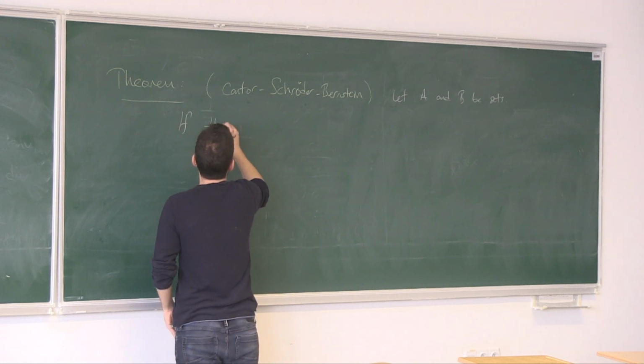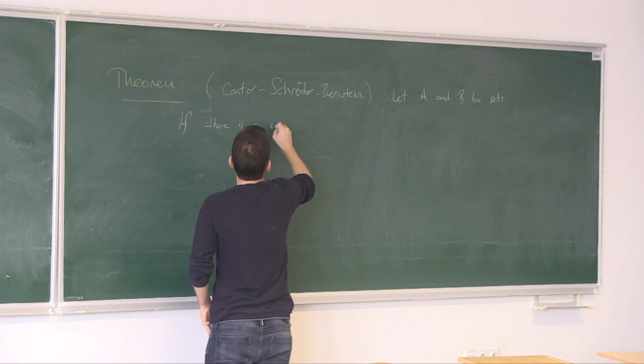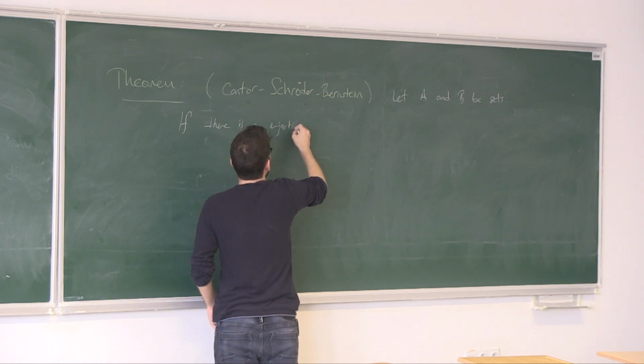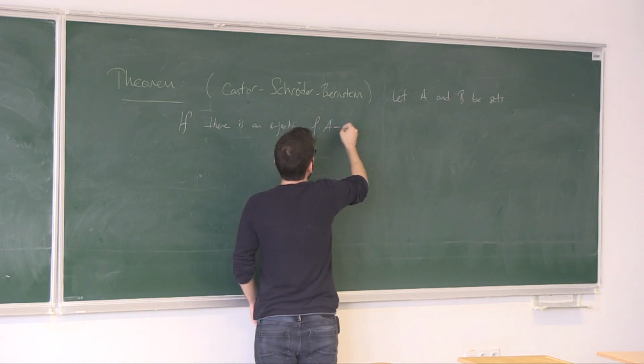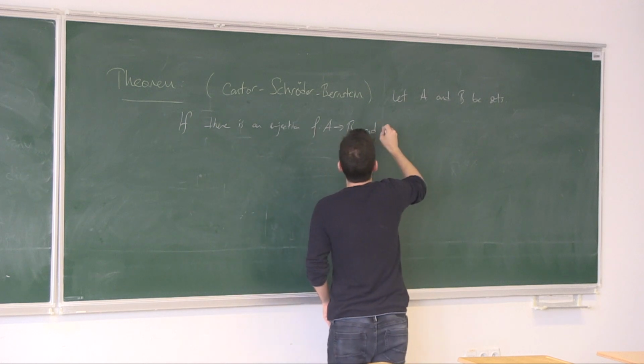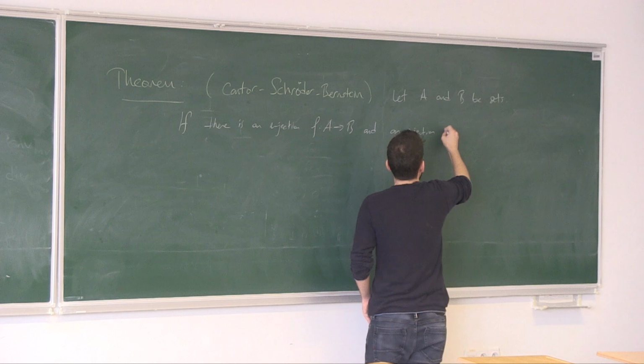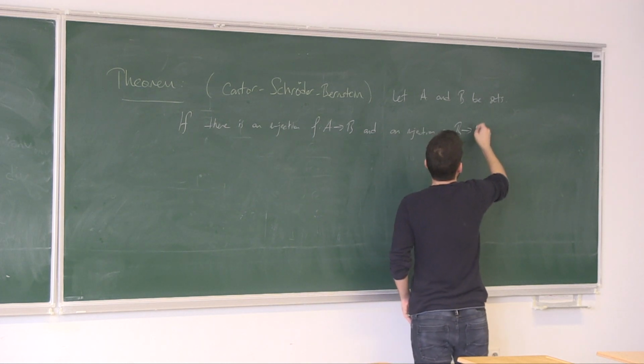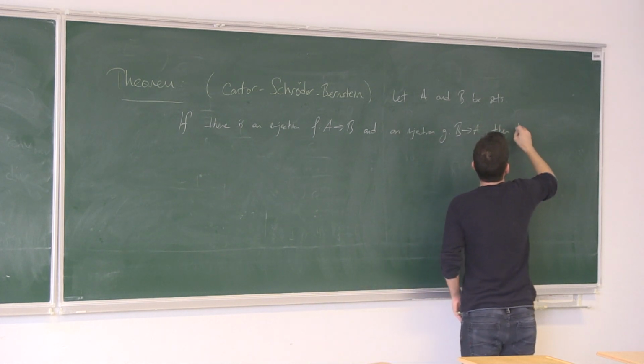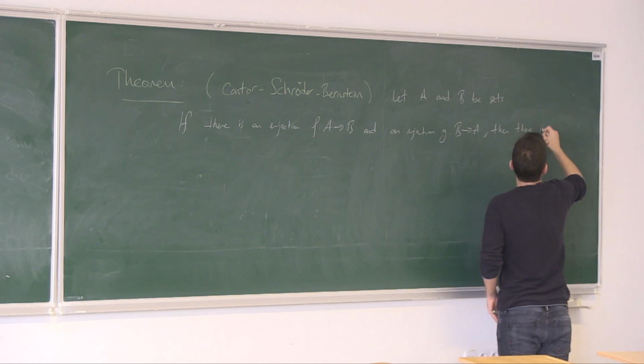If there's an injection from A to B and an injection from B to A, then there's a bijection between A and B.